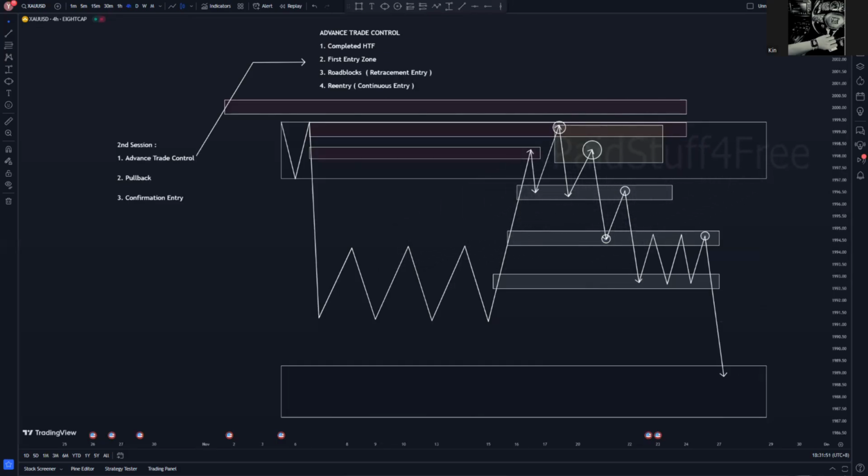Is there any question left? If the price creates an EF before it touches the next H4 zone, do you still think it will touch the H4 zone first or reverse?